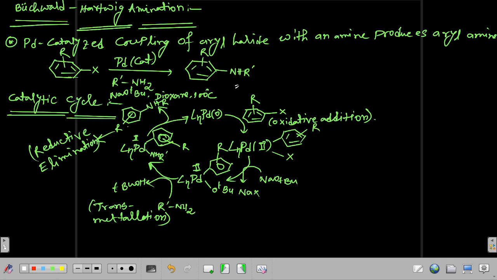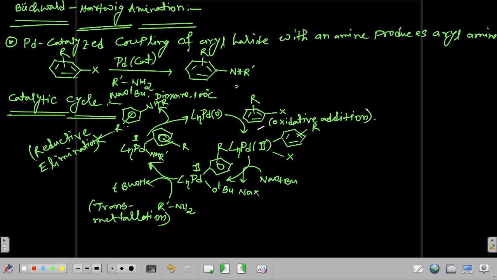So first we will start with the palladium catalyst. Here palladium catalyst is present in the zero oxidation state. First, this aryl halide undergoes oxidative addition, and it leads to the formation of the palladium 2 species.